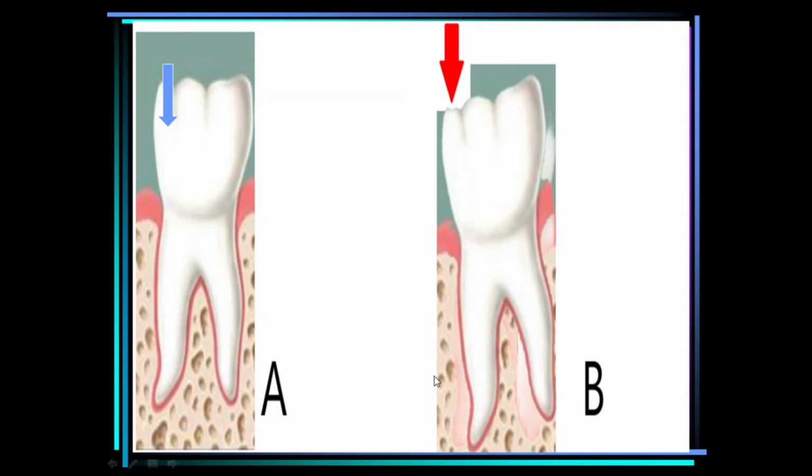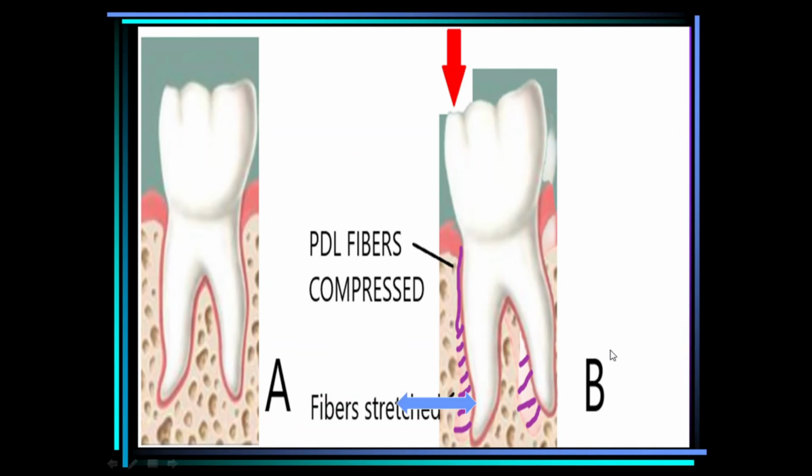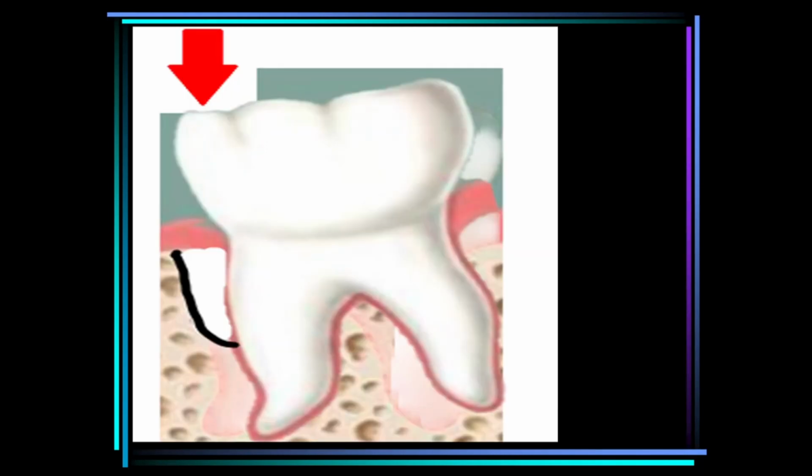We can see in the diagram that on one side there is elongation of the periodontal ligament fibers, and on the other side there is compression of fibers. Here the fiber is elongated, here the fiber is compressed. Later there will be bone resorption on this side, and hence we see the arc-shaped pattern of bone loss in trauma from occlusion.